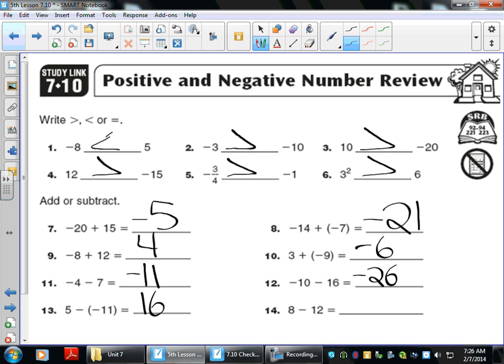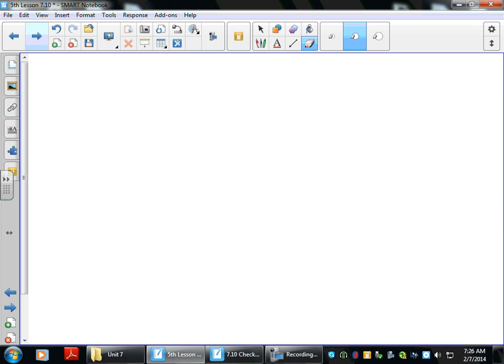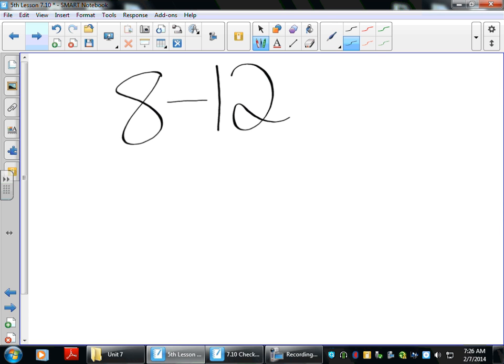Let's do the last one on this page. Number 14 is 8 minus 12. Let's go to our work page so we can work this out. First thing I'll do, leave: 8 stays the same.